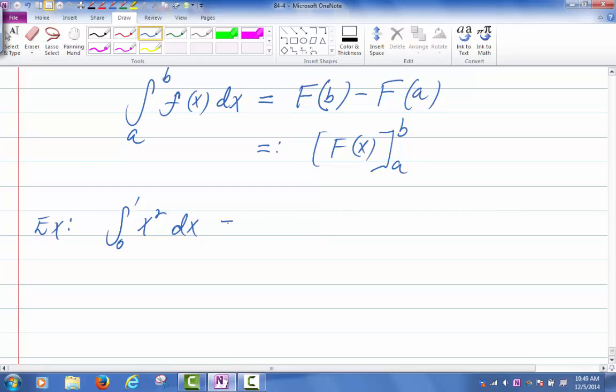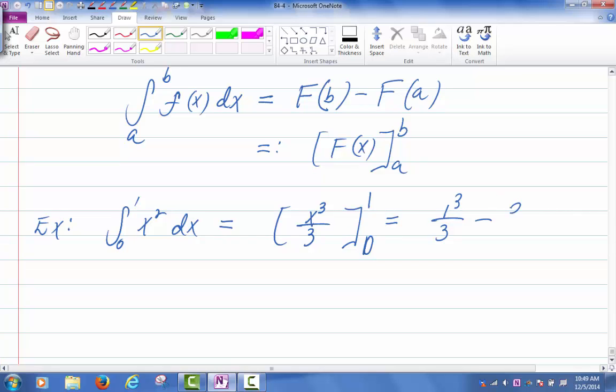Now, let's see. Well, can someone give me an antiderivative of x squared? What's the antiderivative of x squared? X to the third over 3, right? Antiderivative. And then, what do I have to do? By the fundamental theorem part 2, I know that what I have to do is to evaluate the antiderivative at 1. So I get 1 cubed over 3.